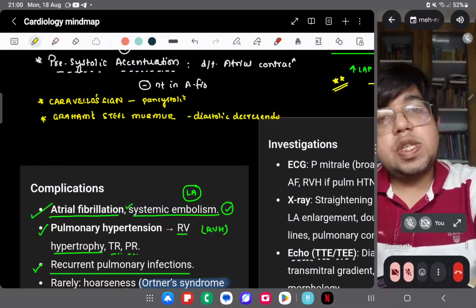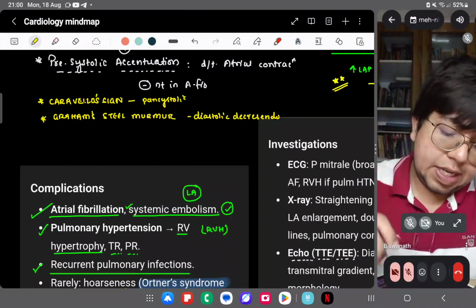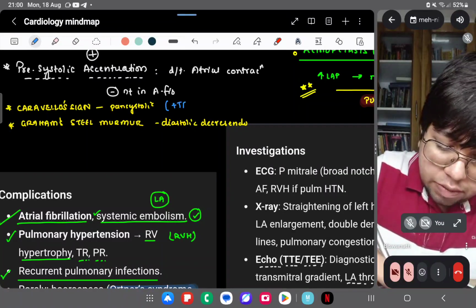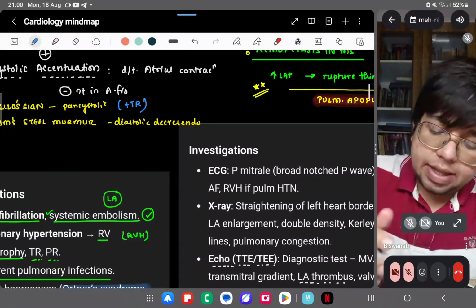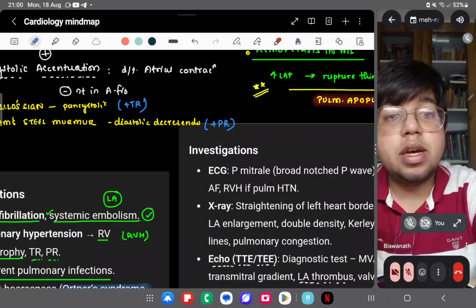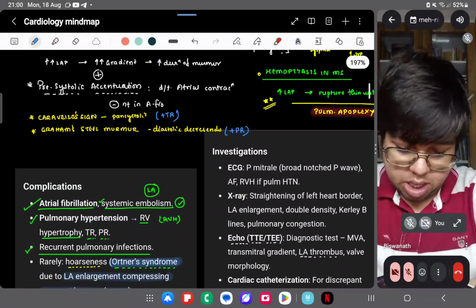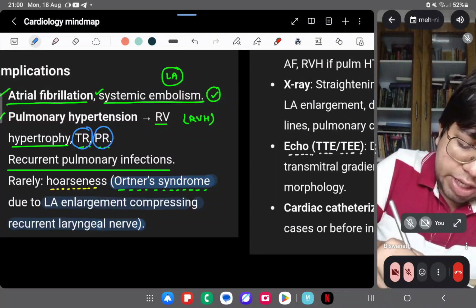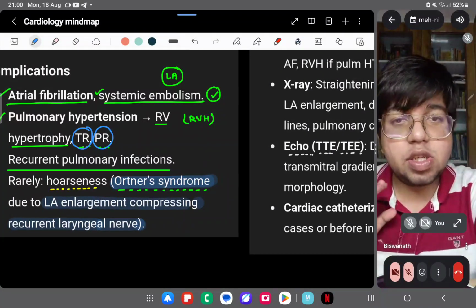Carvallo's sign, the pansystolic murmur, is associated with tricuspid regurgitation, and the Graham Steell murmur is associated with PR, that is pulmonary regurgitation. These are all from Harrison, so don't worry.